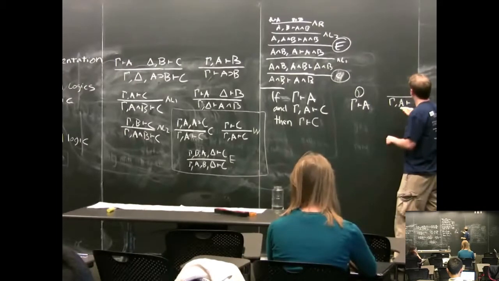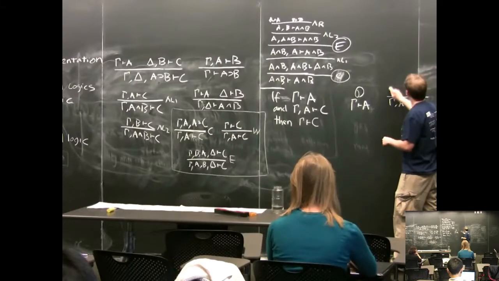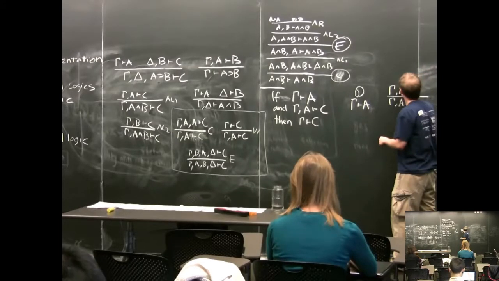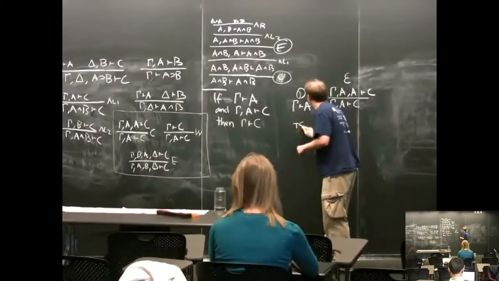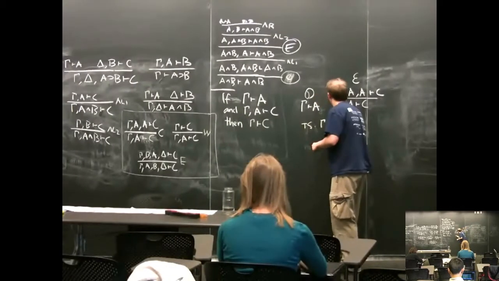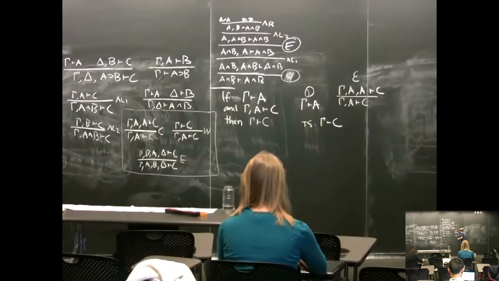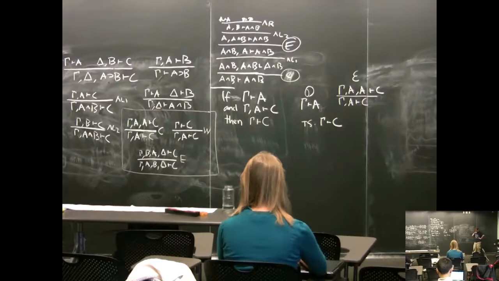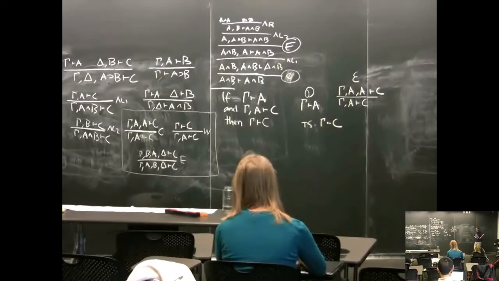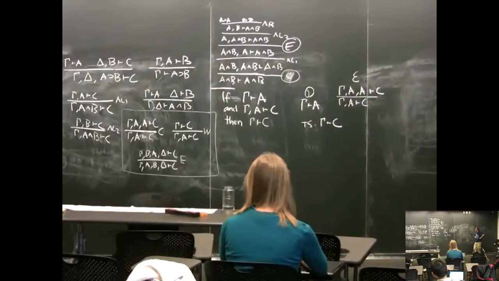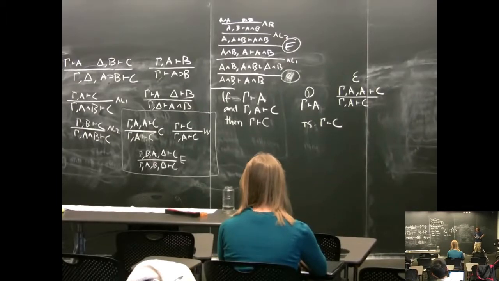So A proves C if A proves C. And what I need to show is that proves C. All right, so how can I proceed? Or what might go wrong if I try to proceed in any obvious way here?